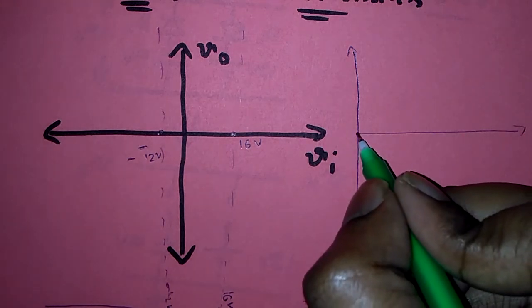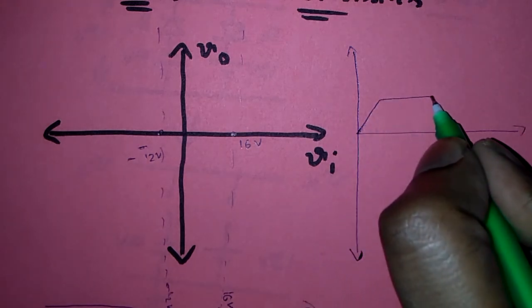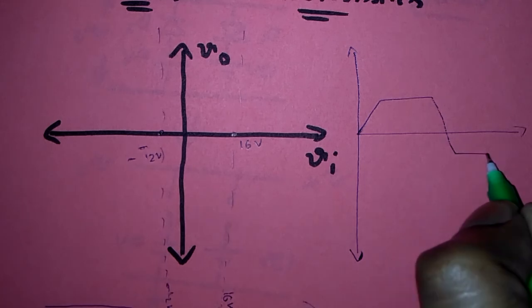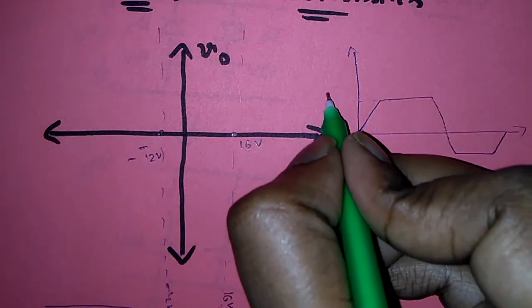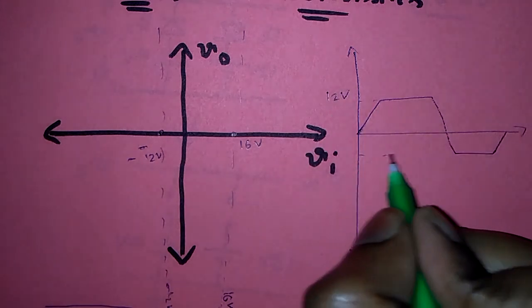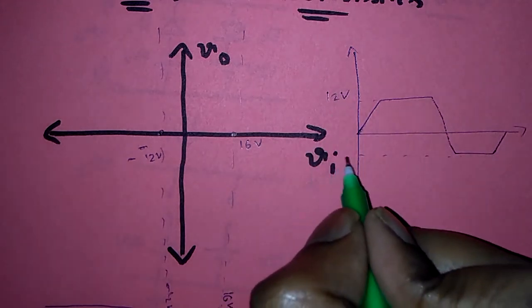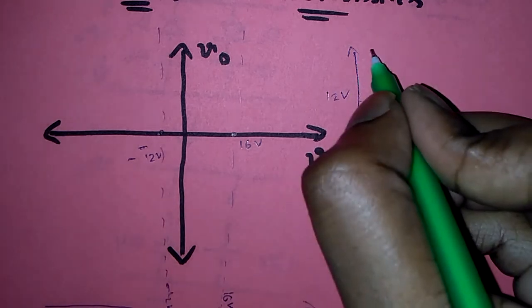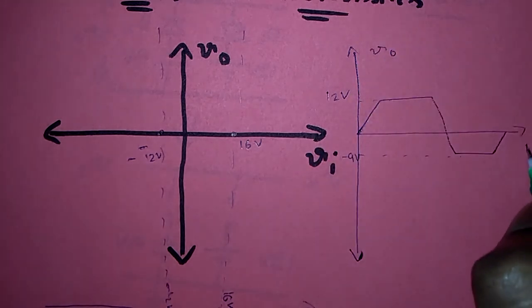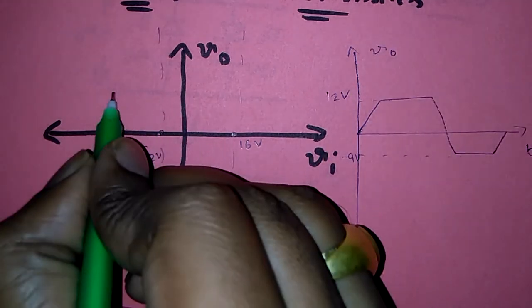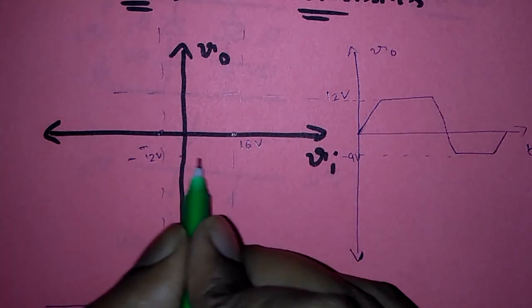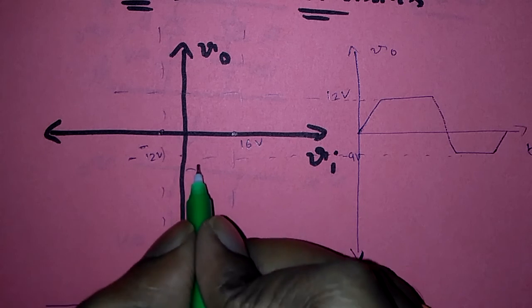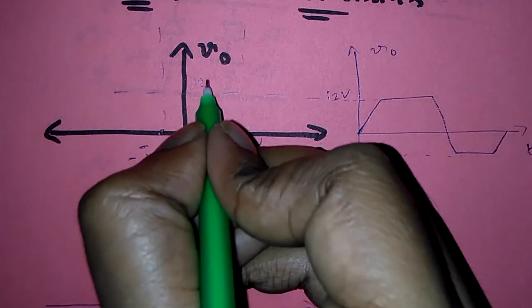I got the waveform like this and its values are here 12 volts and here minus 9 volts. This is output. So I am extending the same values onto the y-axis like this. So this is minus 9 volts, this is 12 volts.